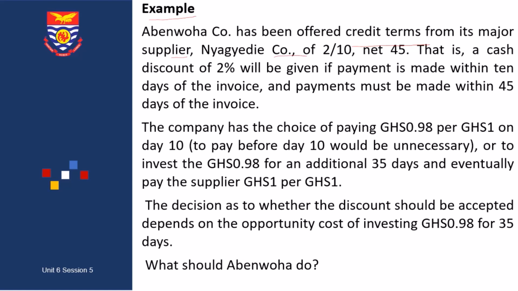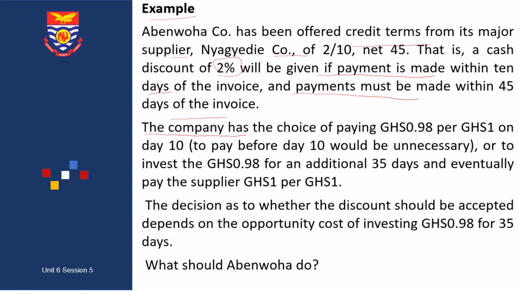That is a discount of 2% will be given if payment is made within 10 days of the invoice, and payment must otherwise be made within 45 days of the invoice. The normal term is 45 days, but if you are able to pay within 10 days, you get a 2% discount. That is what the question is trying to say.